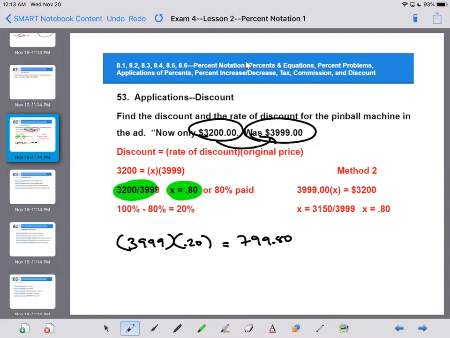Okay, well, if you take the 3,999, take away $799, you're roughly getting $3,200 as your amount. So that tells us that it was a 20% discount.